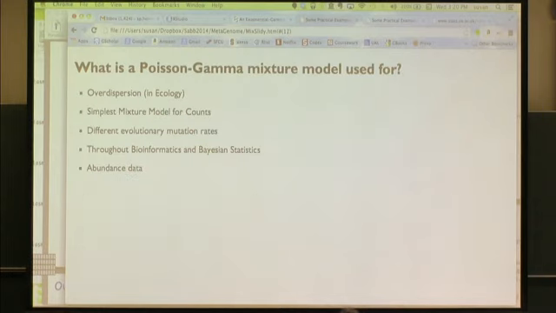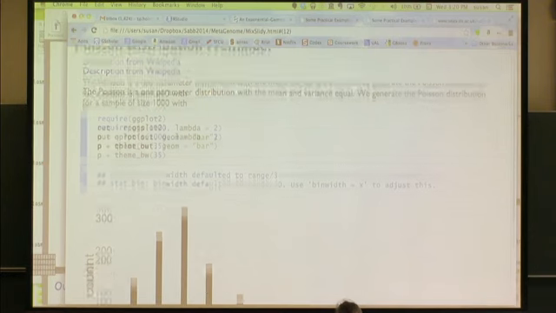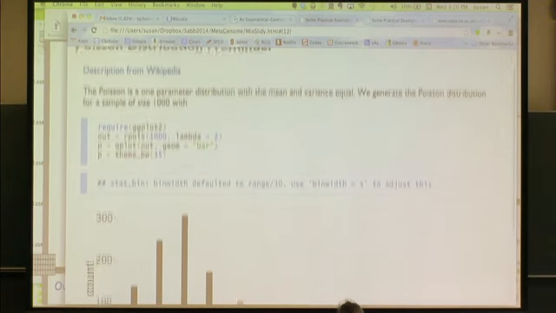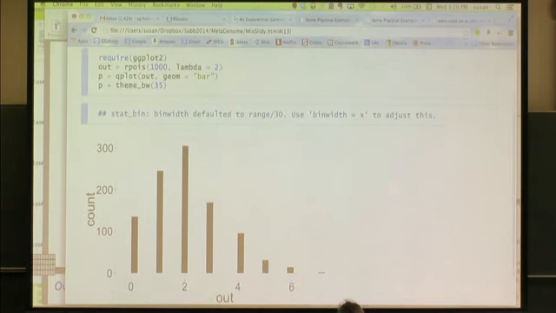That's a different mixture. So let's talk about the Poisson gamma, because it's used a lot in ecology and also for different evolutionary rates. It's used for evolutionary rates on the tree, and in Bayesian statistics and for abundance data, it's very popular. So just to remind you about the Poisson, this is a Poisson variable with lambda equals 2.